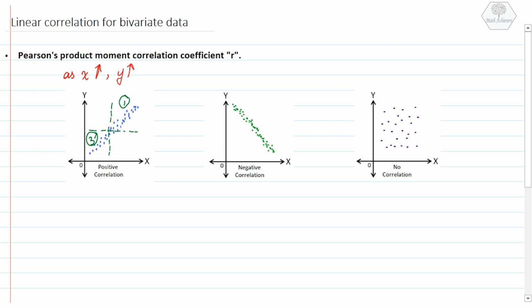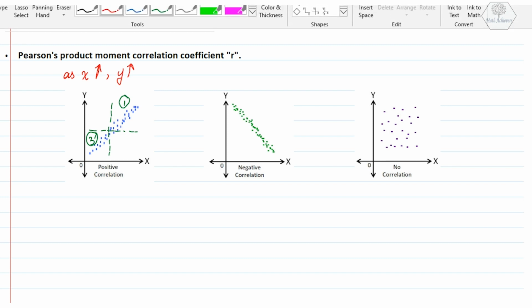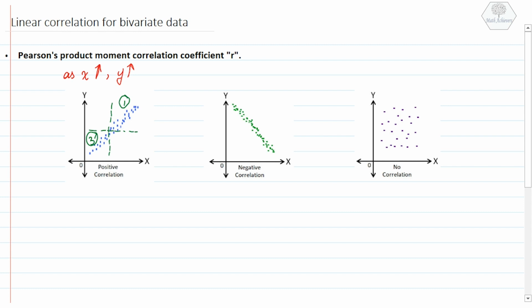Let's see the second case, when I have a negative correlation between x and y. Negative correlation means as x increases, the value of y decreases.